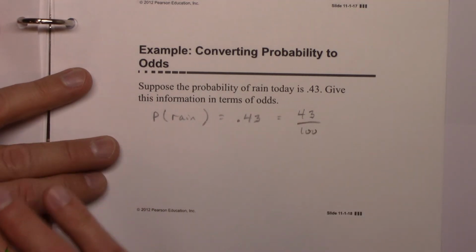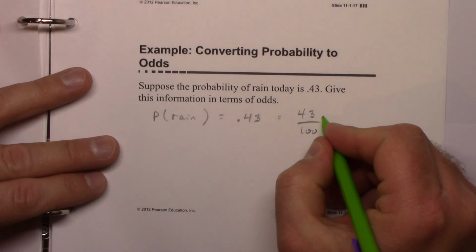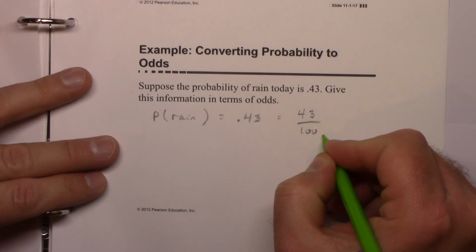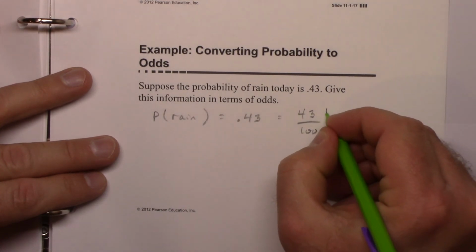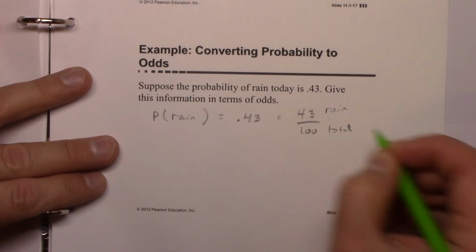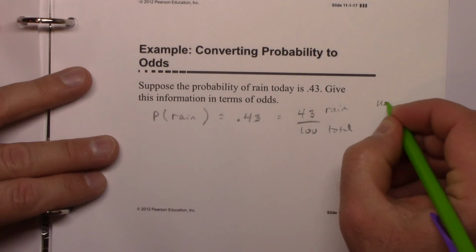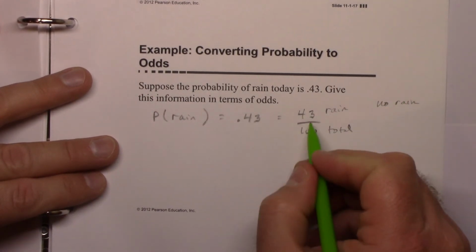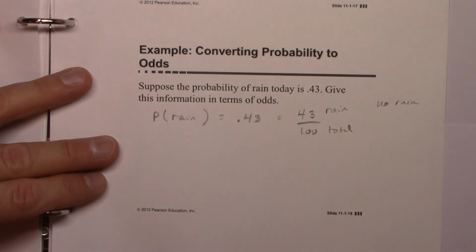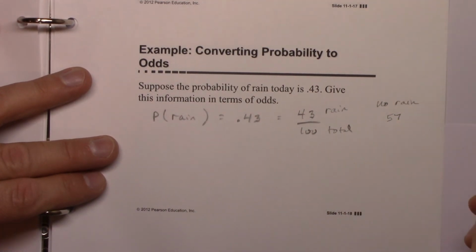Now remember, when we look at probability, we're talking about the favorable compared to the total. So this is favorable for rain, and 100 is our total. That means no rain. Just think about the complement. 43 and 57 add up to 100, so no rain outcomes would be 57.